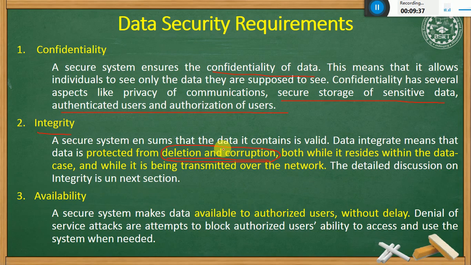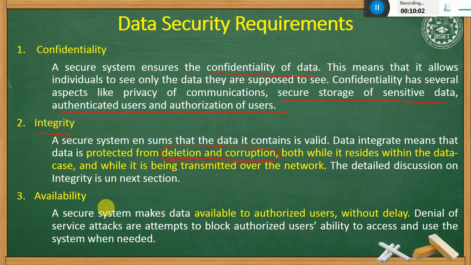Deletion and corruption of data is avoided using integrity maintenance. In this case, multiple users are accessing the same data, that is a parallel database, and data security is essential to maintain the integrity of the data.